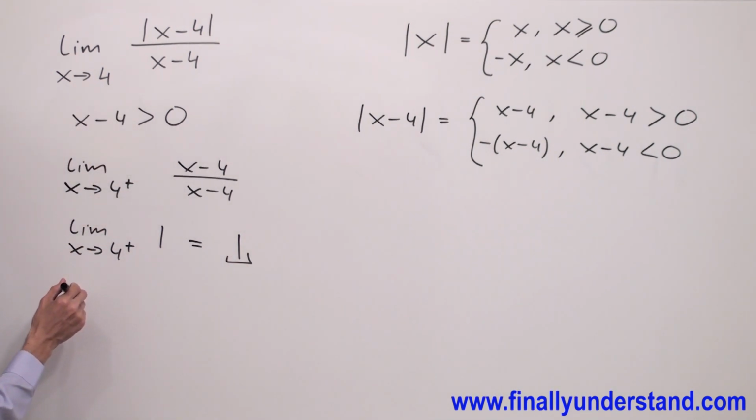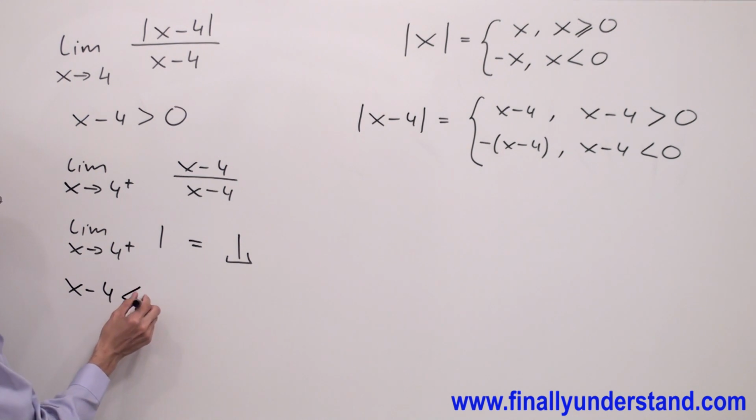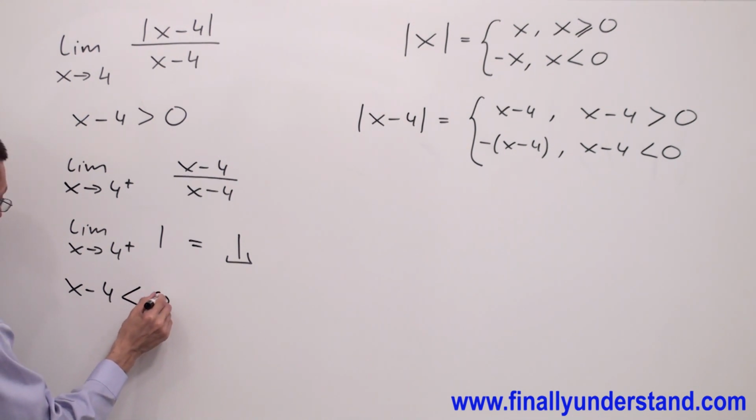Next, I'm supposed to calculate the limit which approaches 4 from the left side. x minus 4 is less than 0.